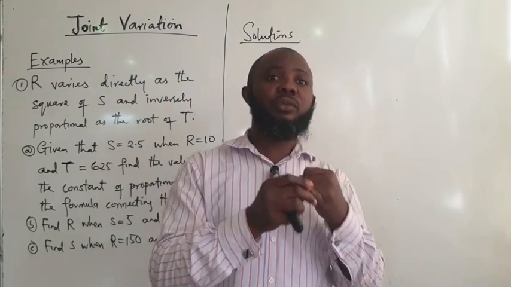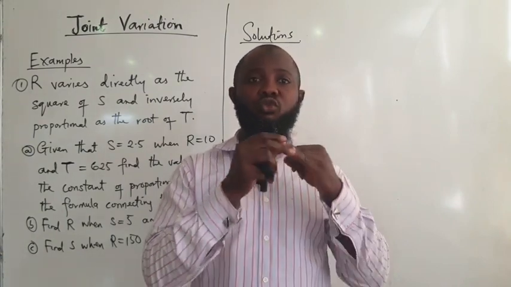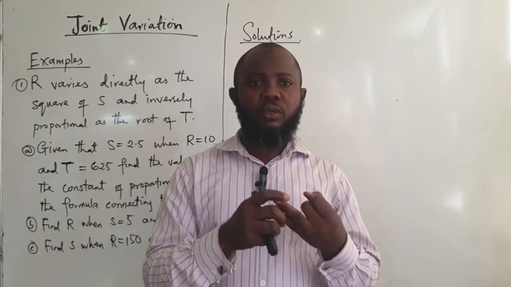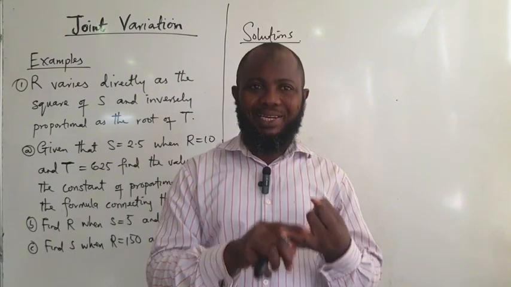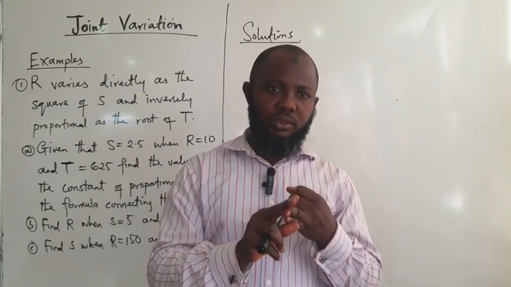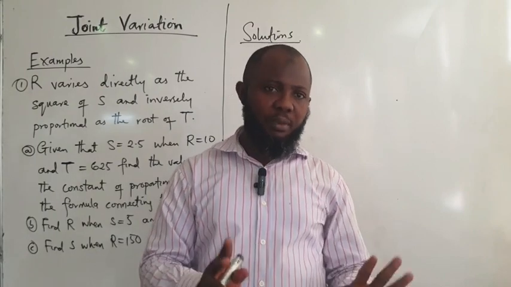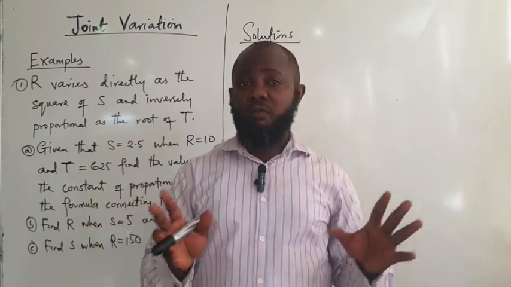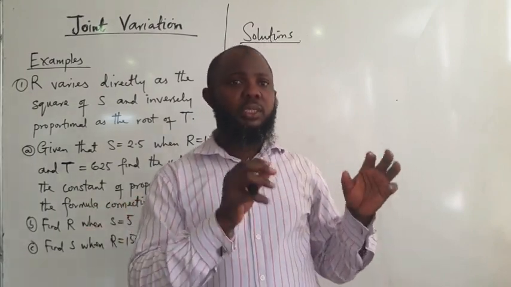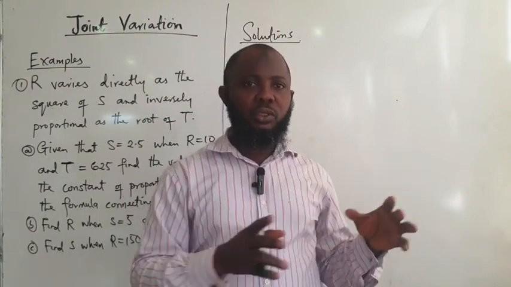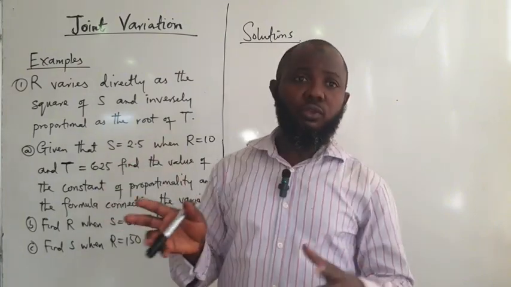That is, you have two direct variations, or you have two inverse variations. Hope I'm with you. In this, we will be having at least how many variables? 3 variables. So once you have understood direct variation and inverse variation, this joint variation should not give you problem at all.